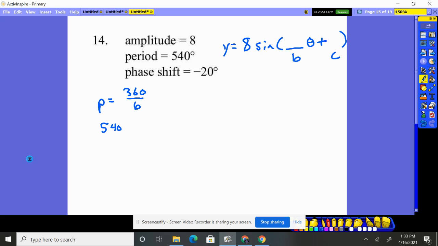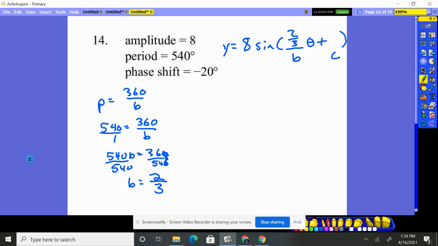It says 540 over b. I'll put this over 1 so I can cross multiply. 540b is 360. Divide by 540. Just simplify that. Divide by 10. You could divide, I'd divide by 18. 2/3.